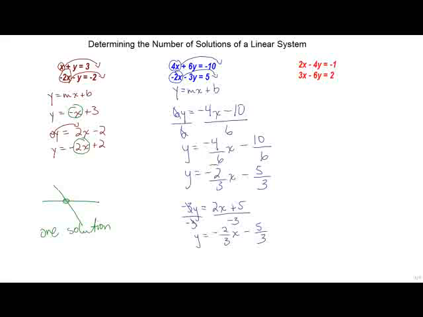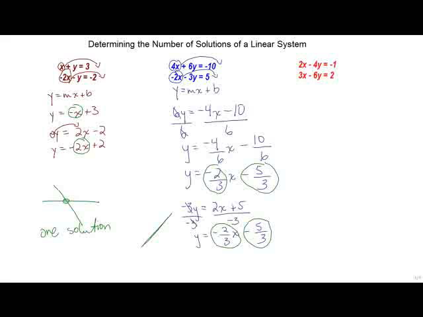The first equation had a slope of negative 2/3 and a y-intercept of negative 5/3. If we look at our second equation, we have the exact same slope and the exact same y-intercept. So what that means on a graph is they're actually going to be right on top of each other.